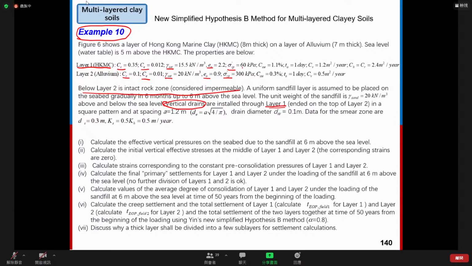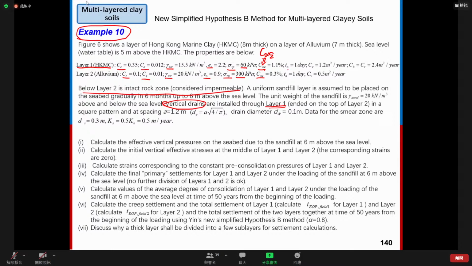For layer 1 it is equal to 60, and for layer 2 it is equal to 300. So C alpha epsilon here. Again, sometimes we just give you C alpha epsilon, and you need to know how to convert between each other.